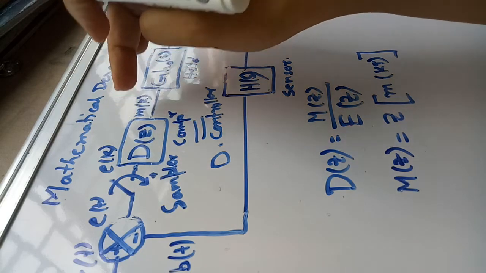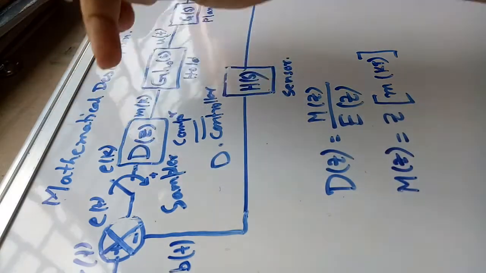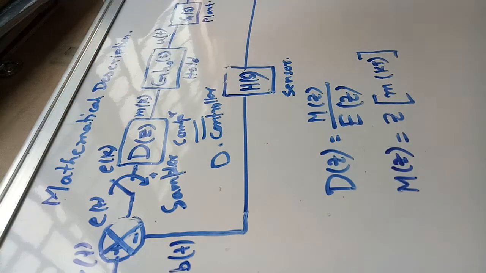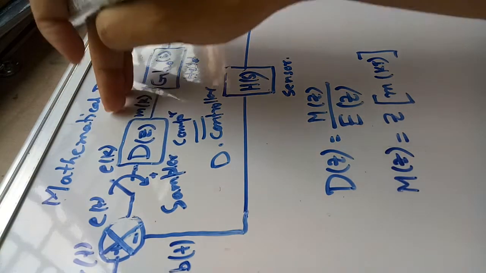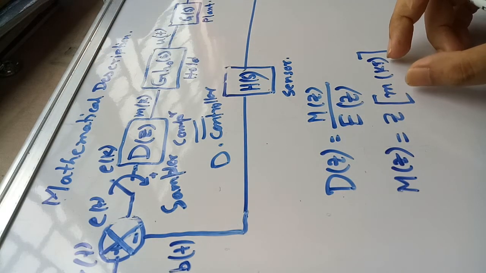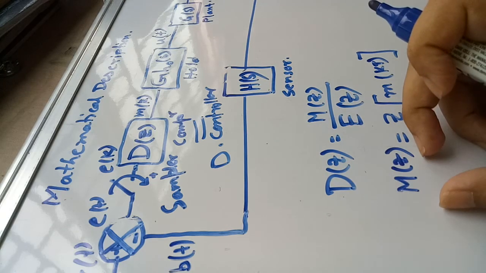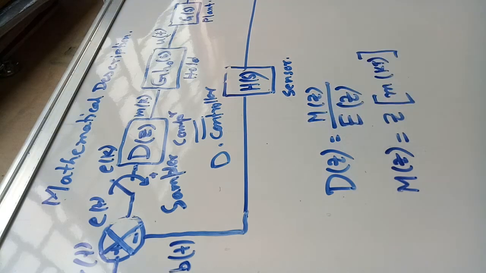So as it is on and off, accordingly this M of k also will change, M of 0, M of 1, M of 2, M of 3, like this. So this signal M of kT, discrete signal, we will take the Z transform, we will get the Z domain output, M of Z.